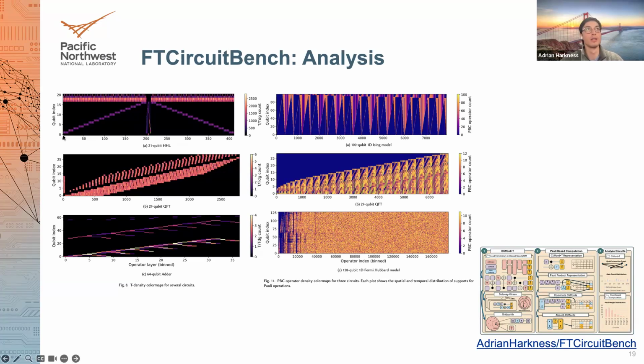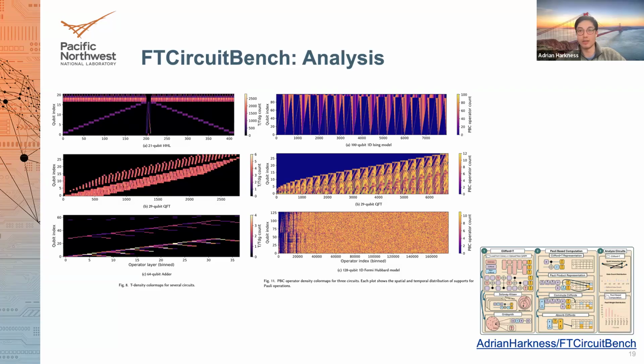So if we say from time step 0 to time step 10 there are, say, 100 T gates on qubits 16 through 20, we can see that's really where we need to focus our resources as we're running this algorithm.